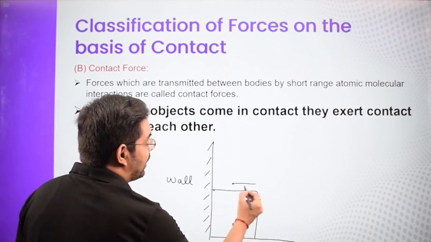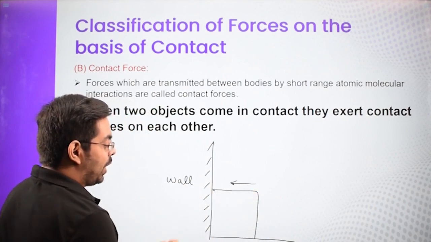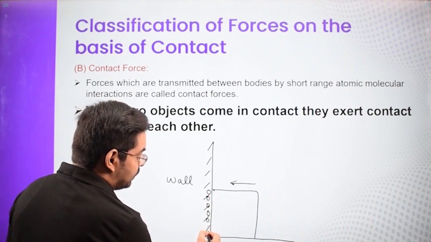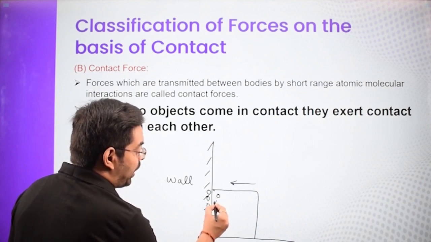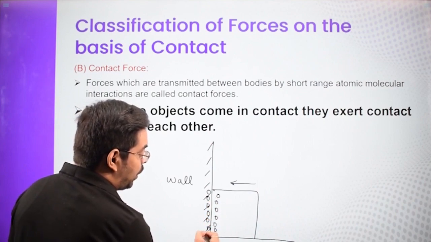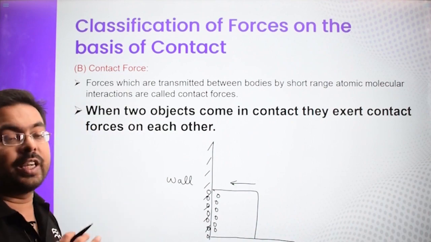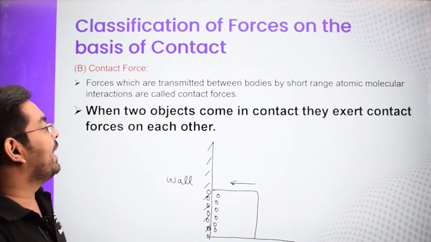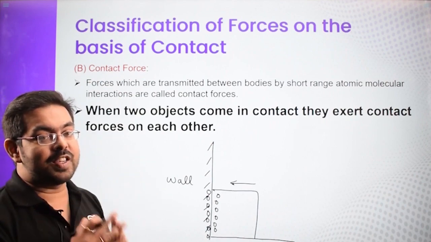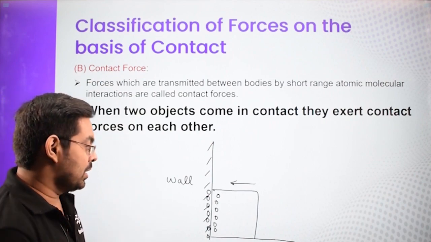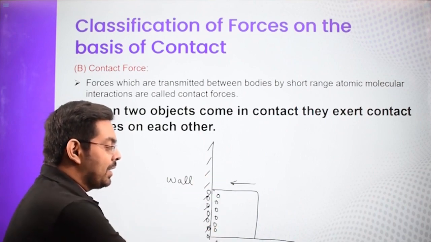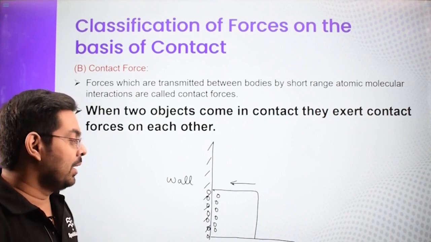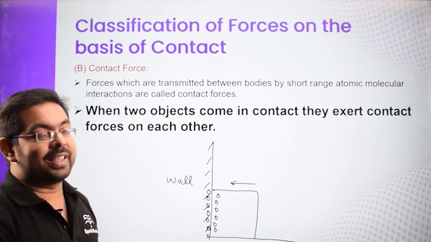You push this block a little towards the wall, and the atoms of the wall and the atoms of the block come very close to each other. Due to that, electromagnetic forces arise between these particles, the particles of the wall and the particles of the block, due to which a repulsion force is created and some forces are exchanged.